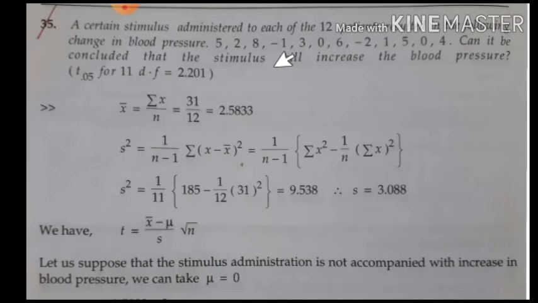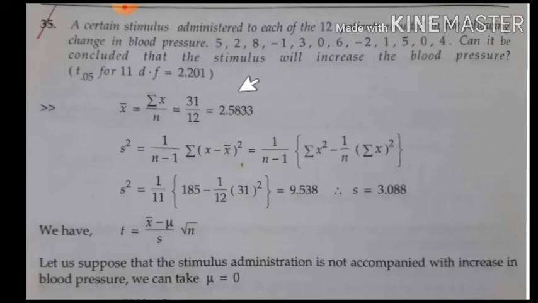I will frame a hypothesis in such a way that the mean of the population should be equal to 0. If I take a hypothesis that there will be no increase in blood pressure by the stimulation.